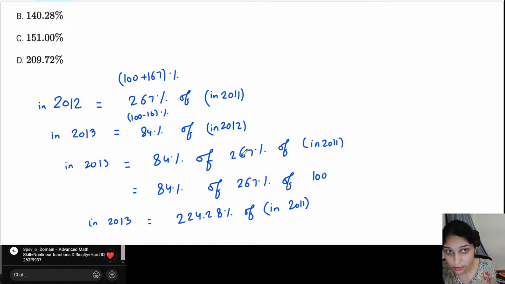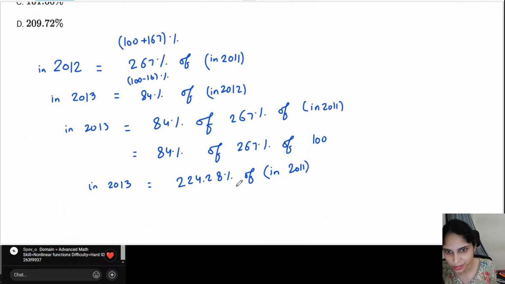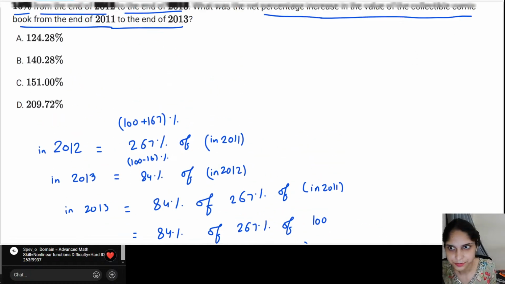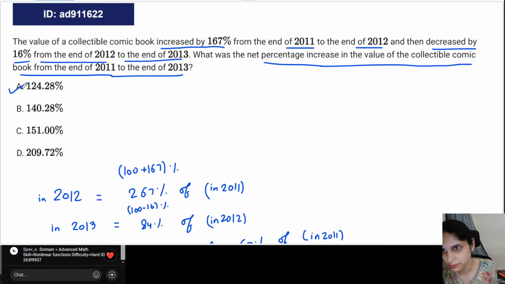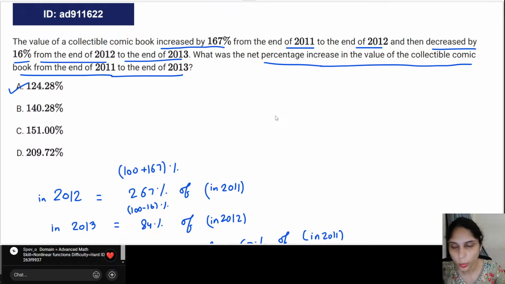But that is not your answer, because they're not asking what percentage, they're asking percentage increase. So you have to subtract 100 from it. That gives 124.28% increase. Got it? Only then you will get the percentage of increase.